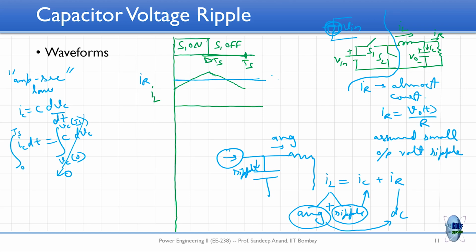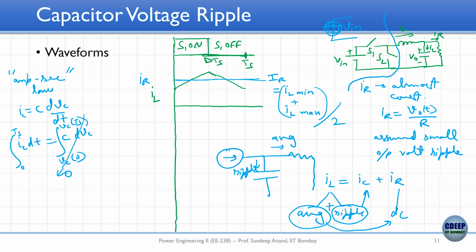This would be your IR, exactly in the middle, because this is the average. The IR magnitude is nothing but IL min plus IL max, divided by 2.